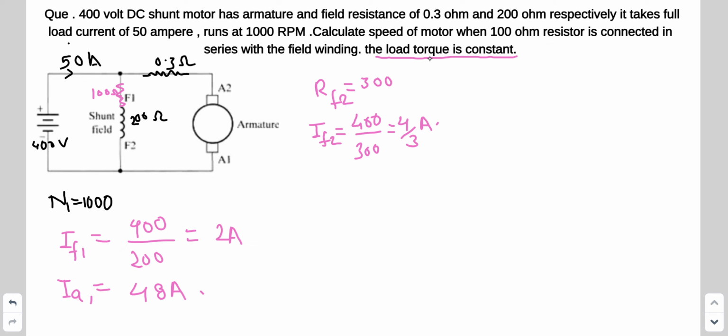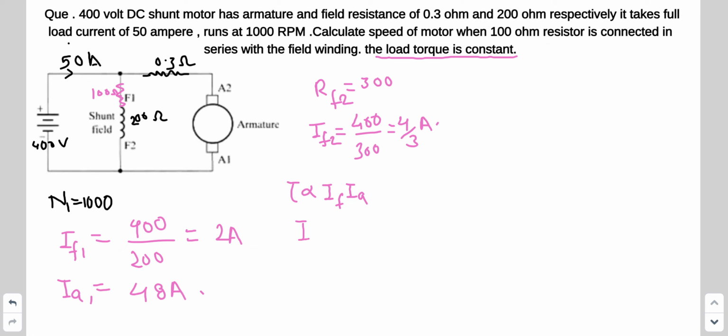Now the given condition is that even when this resistance is added, the load torque will be constant. We know that the load torque is directly proportional to IF times Ia, and this is constant.